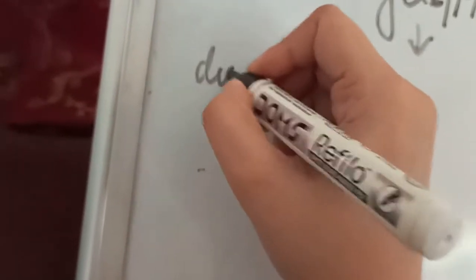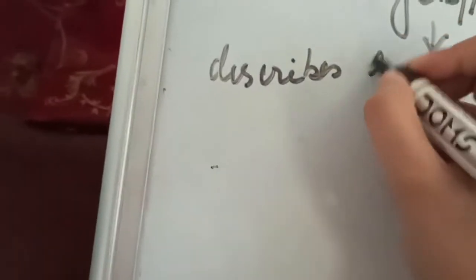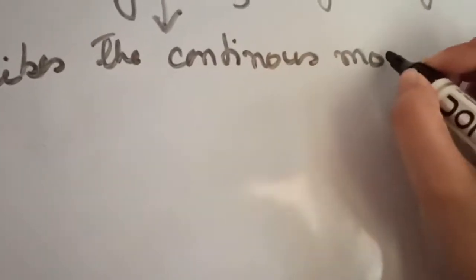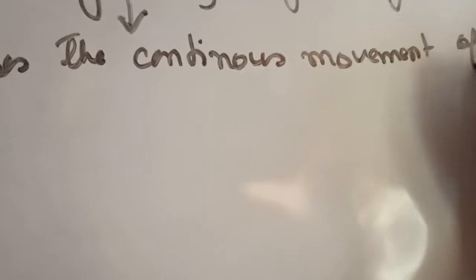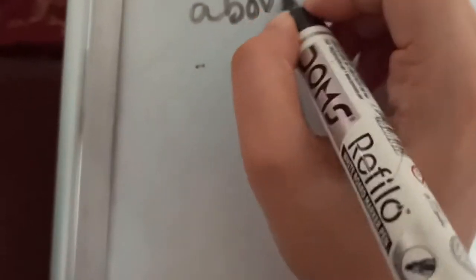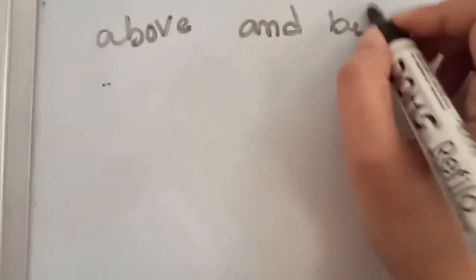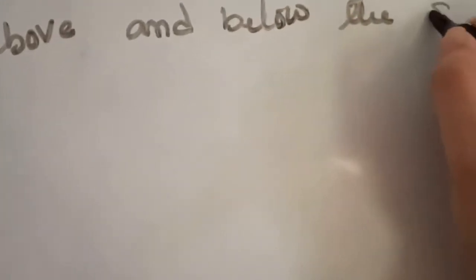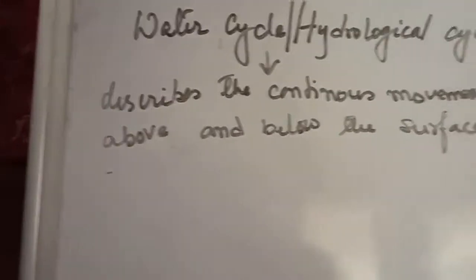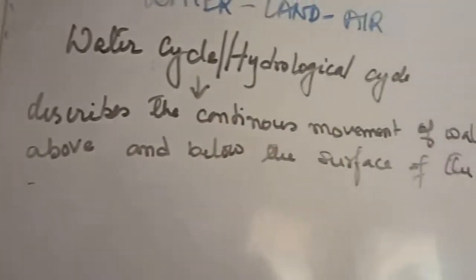The water cycle actually describes the continuous movement of water on, above and below the surface of the earth.